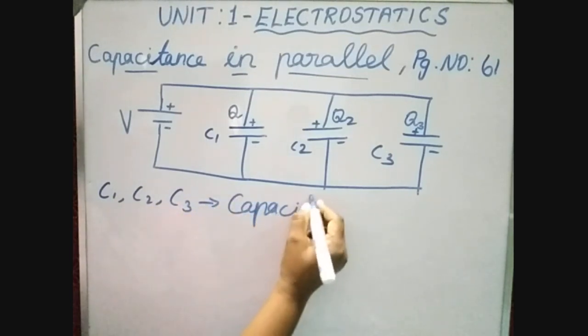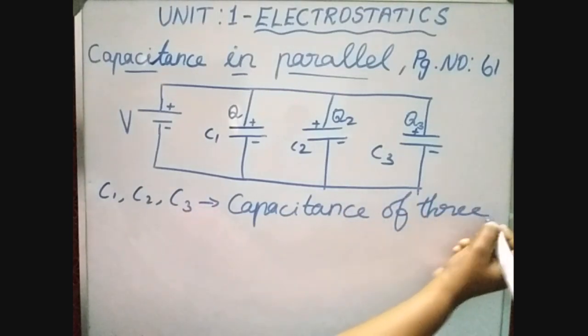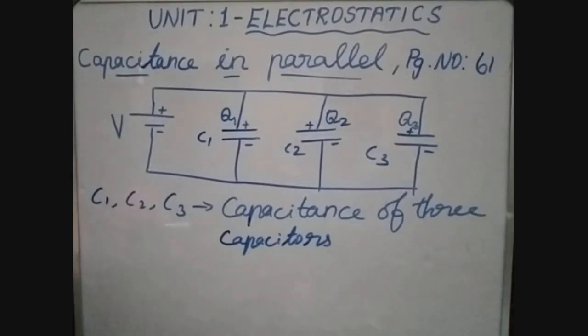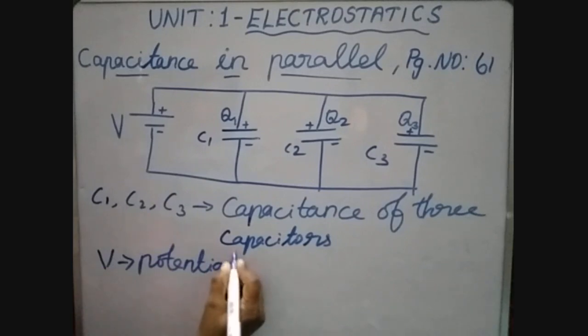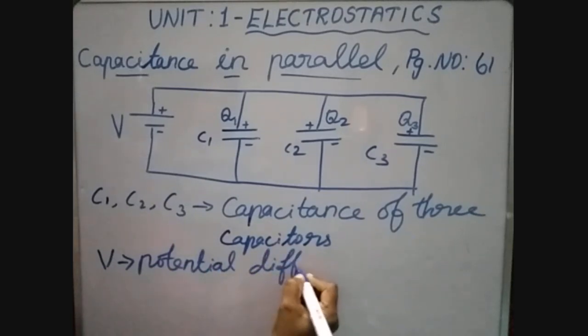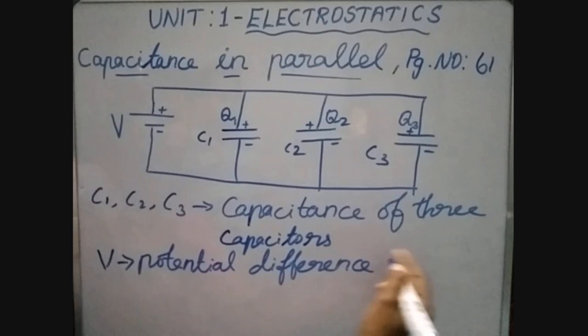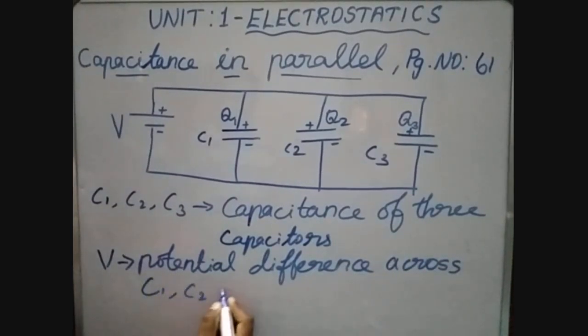Capacitance of three capacitors. Here V is the potential difference between or across C1, C2 and C3.